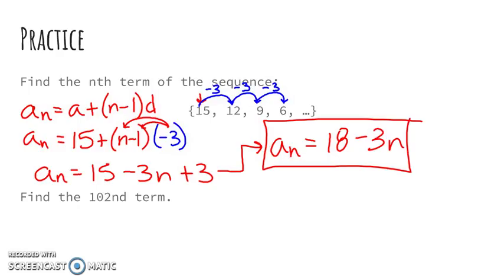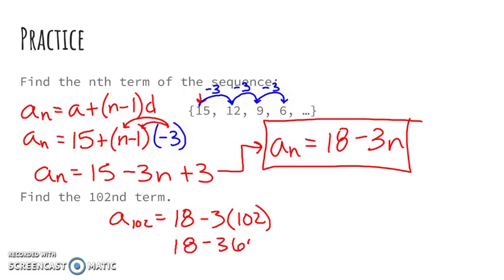Again, it wants us to find the 102nd term. I'm not going to write out all those numbers, so I'm going to go a sub 102, because I know that my n value is 102 now, equals 18 minus 3 times 102. Okay, 3 times 102, 3 and 2 is 6, 3 and 100 is 300, so I've got 18 minus 306.